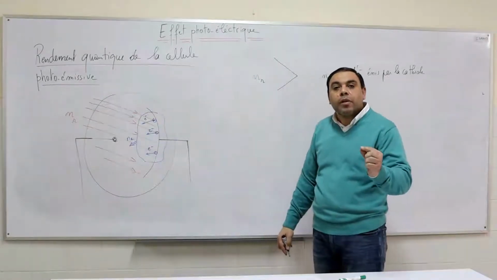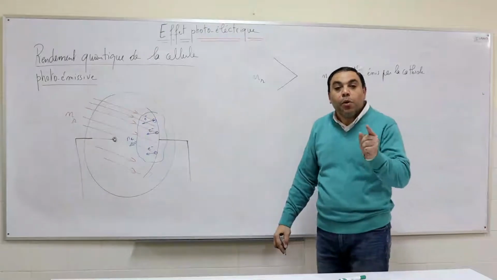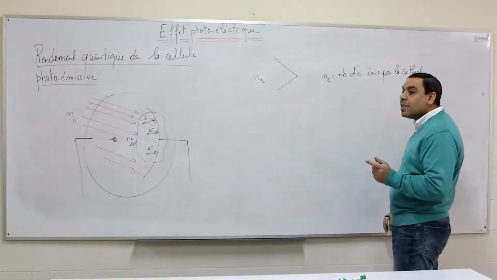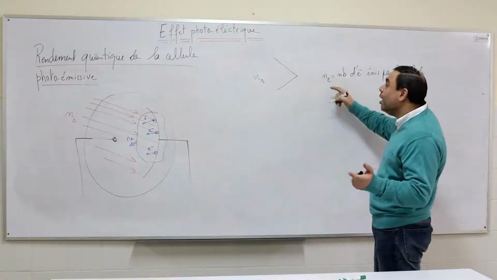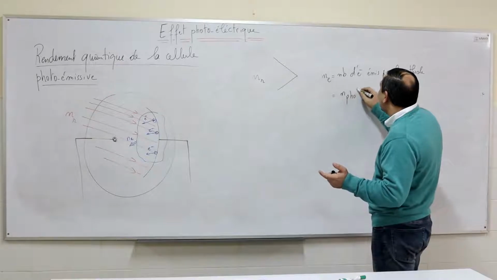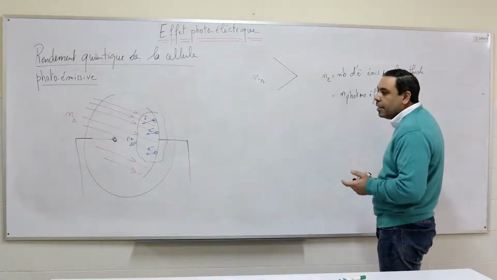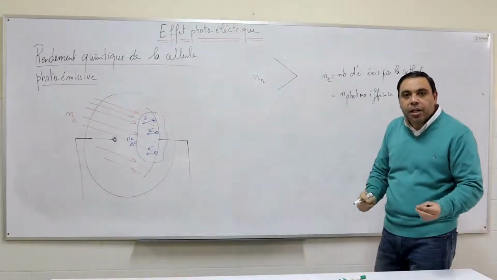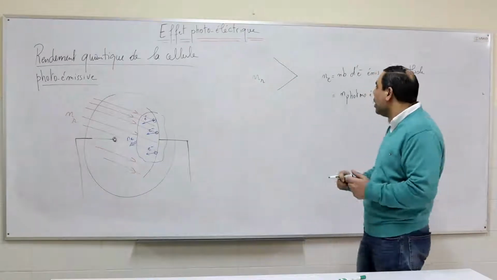The photon that is able to extract an electron is called an effective photon. The number of photons that are able to extract electrons is called the number of effective photons, which is equal to the number of emitted electrons. The number of effective photons is always equal to the number of emitted electrons.